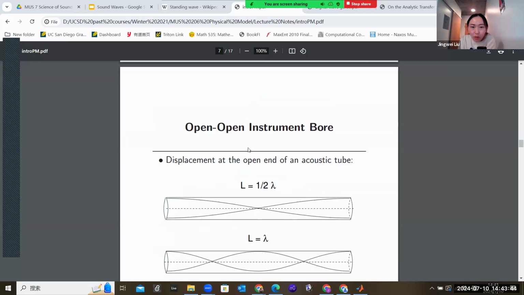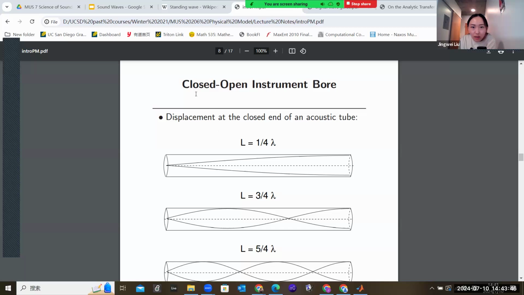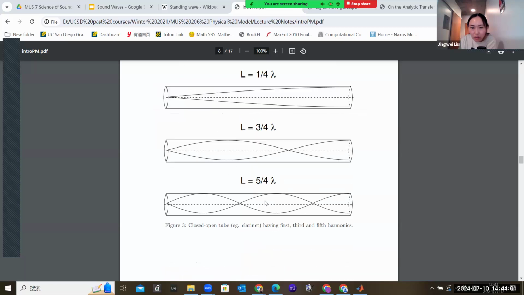And sometimes this is open. Okay, let's see this one first. Closed open. So with one fixed end and the other end is open end. Okay. So actually the bore or the tube is the same physical model as the string. The harmonics, the computation is exactly the same.